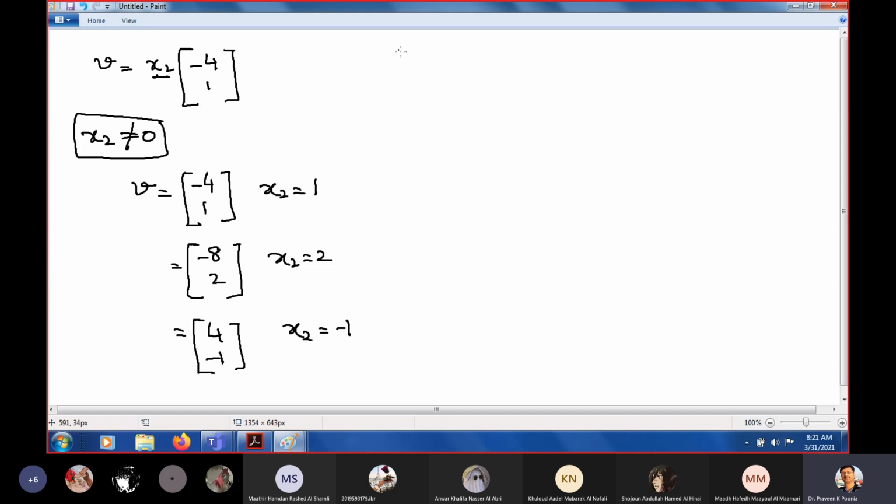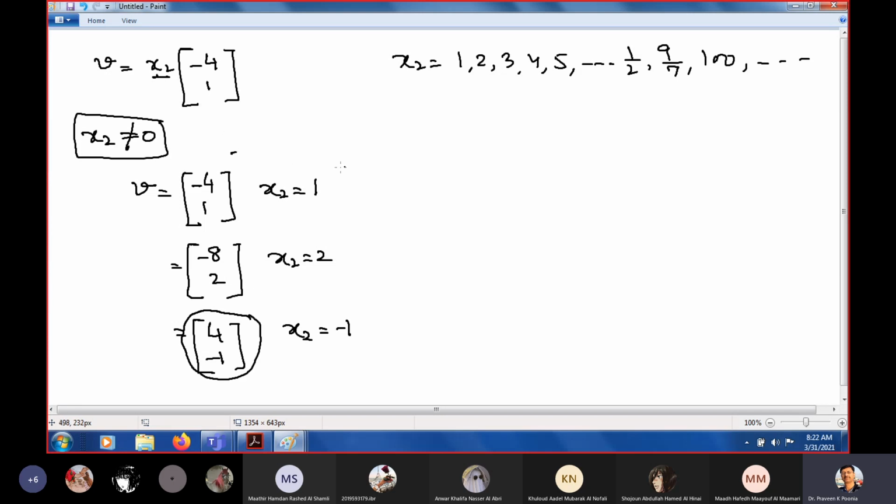So similarly, you can take values of x2: 1, 2, 3, 4, 5, 1 by 2, 9 by 7. Any value you can take. It is up to you. Clear? And every time we will get a different vector. And all these vectors correspond to lambda 2 equal to minus 1.